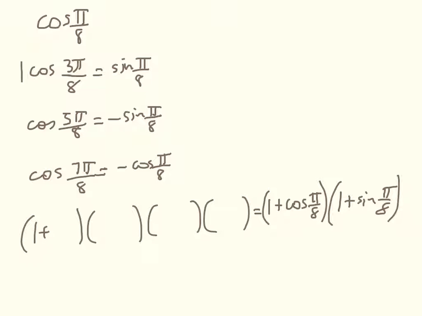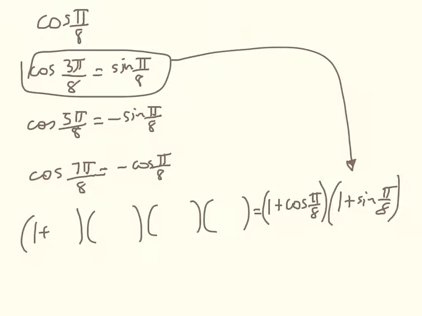Remember that's coming from here, so I'm substituting into the second term, so times 1 minus sine pi on 8, and then 1 minus cos pi on 8.